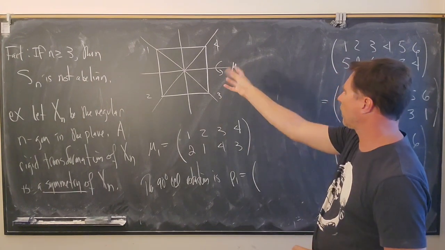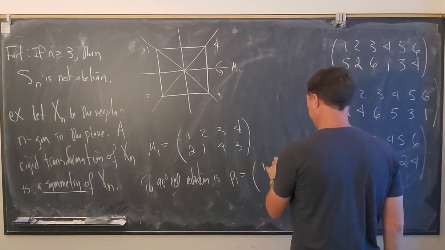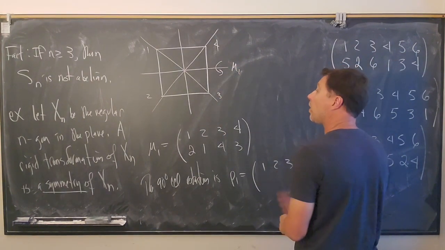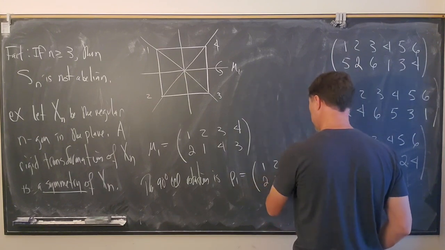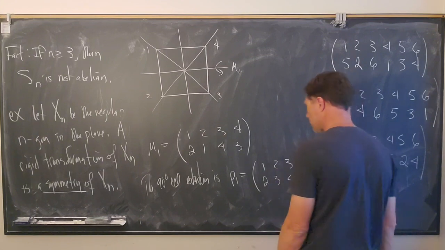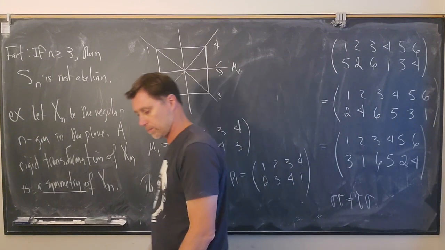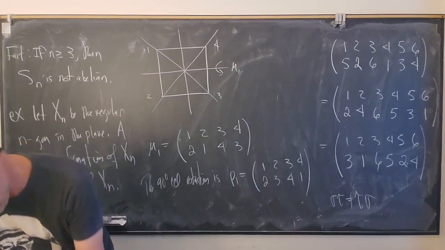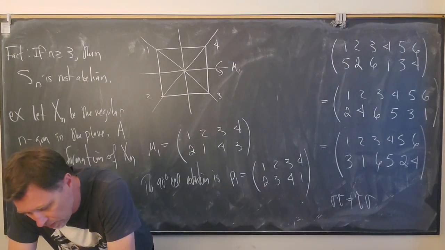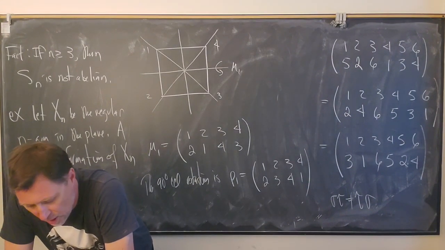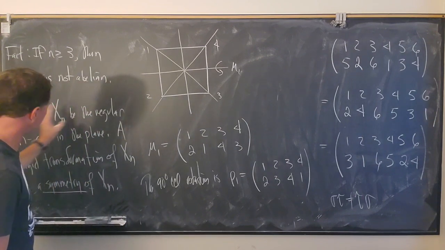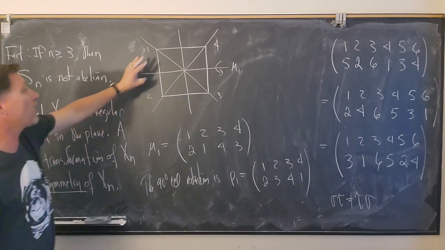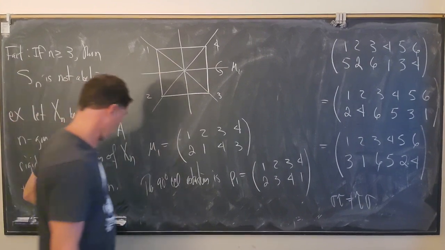So if we go counterclockwise, then 1 goes to 2, 2 goes to 3, 3 goes to 4, and 4 goes to 1. So this idea right here, what is this showing? We can think of the set of symmetries as sitting inside the symmetric group.